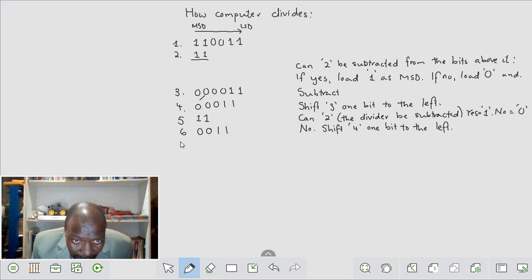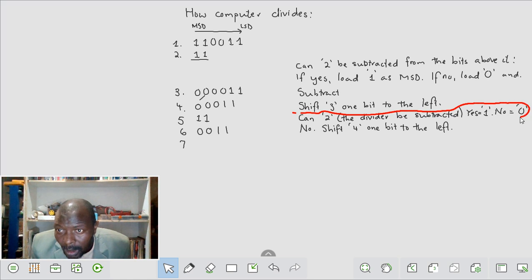Question then is number 7. You repeat this question. Can, I think I remember how to copy and paste.